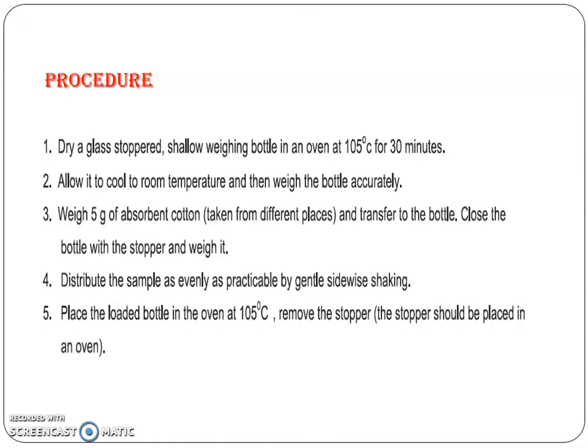Close the bottle with the stopper and weigh it. Distribute the sample as evenly as practicable by gentle sidewise shaking. Now, place the loaded bottle in an oven again at 105 degrees Celsius, but this time remove the stopper, and the stopper should be placed in the oven itself.